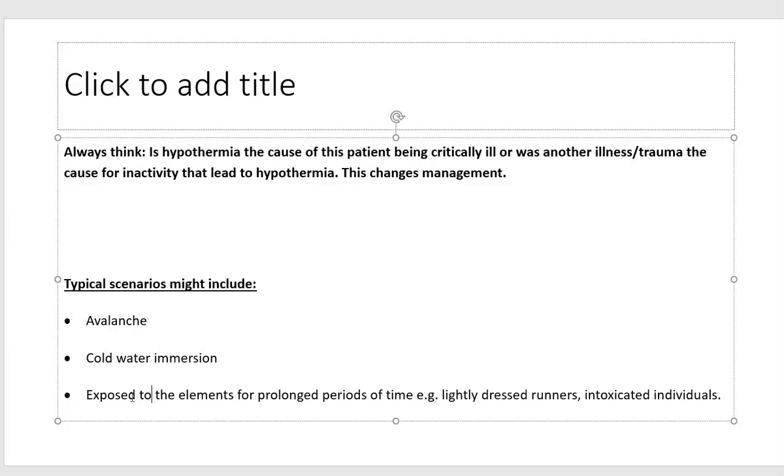So fell runners out in bad weather, drunk people who go out and they pass out on Christmas Day and fall into some snow and lie there. These are the more common scenarios that we might see. So let's just say avalanche rescue is one that gets talked about quite a lot in mountain rescue for obvious reasons.